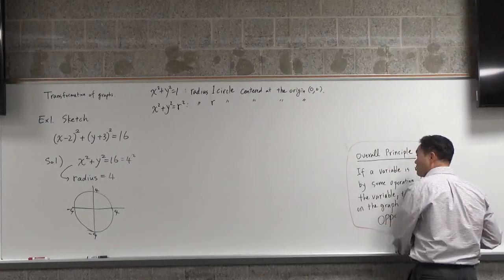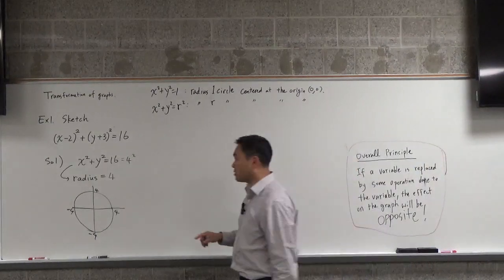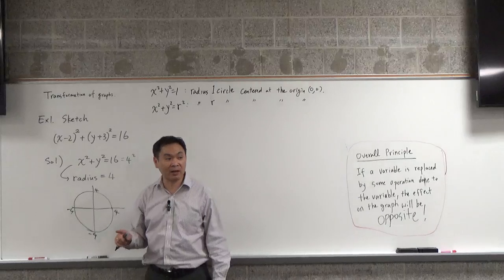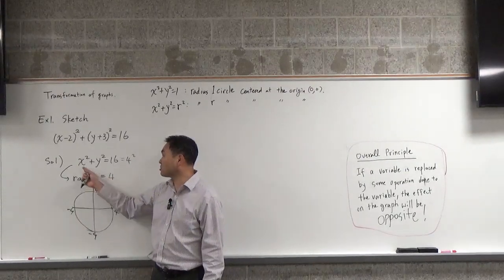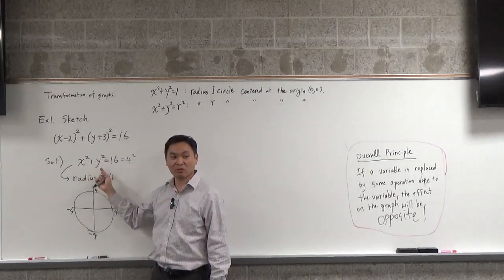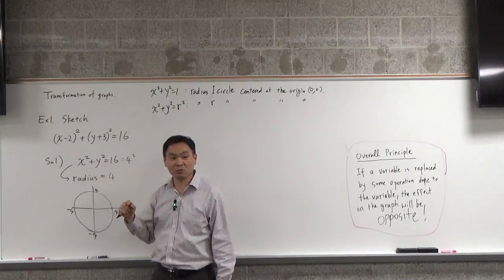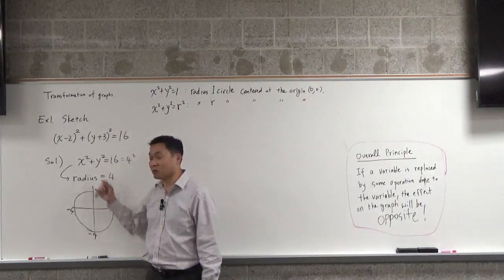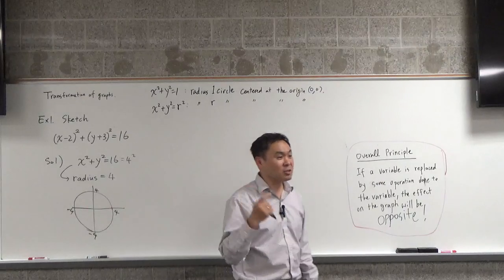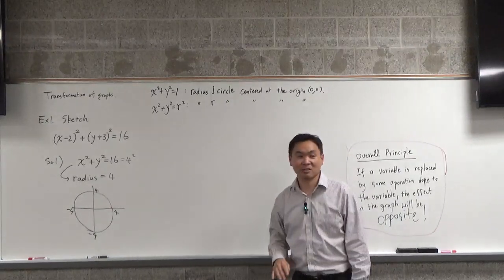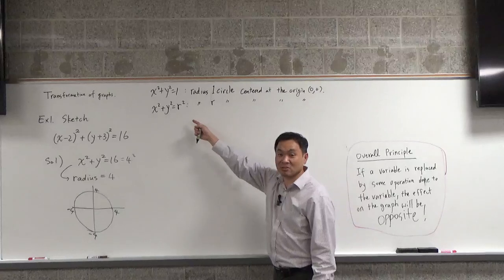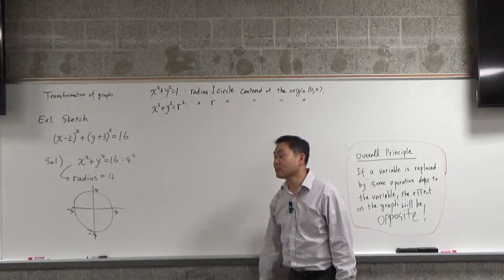And this is another reason why I stress mental math. If you're fast with mental math, what I just said is very obvious. 4 squared is 16, plus 0 is 16, and that is equal to 16. So good, 4, 0 is a point on here. So just quickly do that, then it'll just make sense. You don't have to try to memorize that this is radius r. It just makes sense.